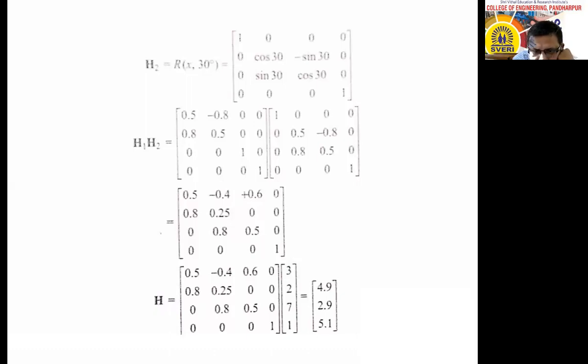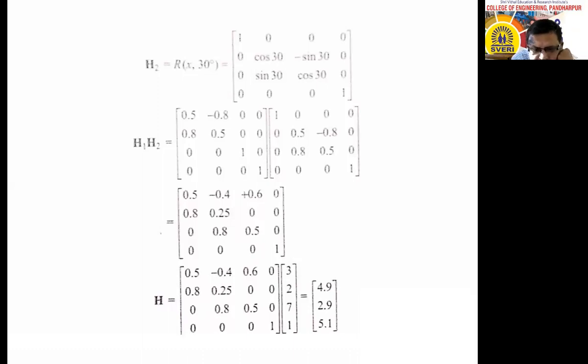Therefore, by multiplication we are getting h1 into h2 is equal to again 0.5, -0.4, 0.6, 0; 0.8, 0.25, 0, 0; then 0, 0.8, 0.5, 0; then 0, 0, 0, 1.